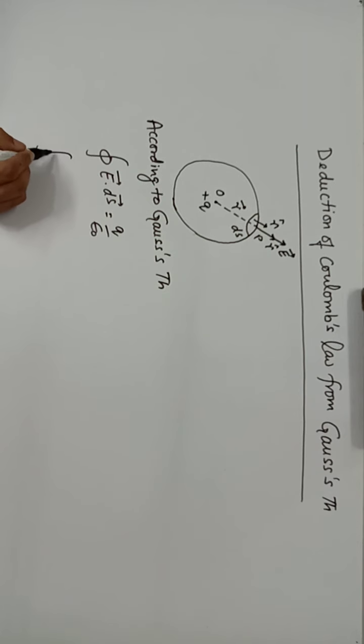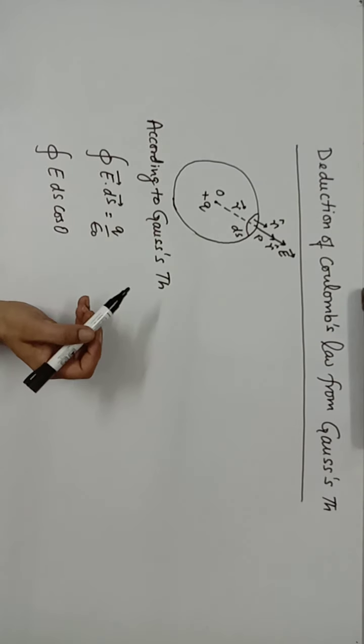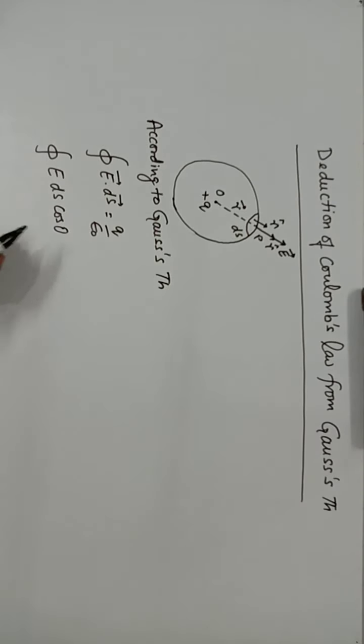Integral E ds cos 0, because the angle between E and ds is 0, and in the dot product we use cos, equals Q upon epsilon naught. Integral E ds is equal to Q upon epsilon naught.